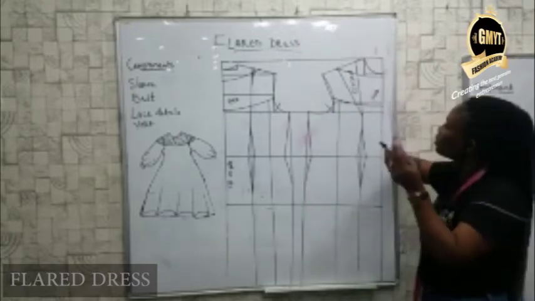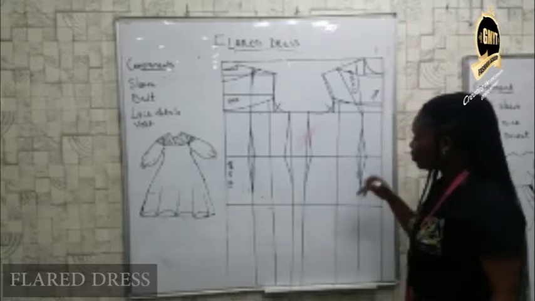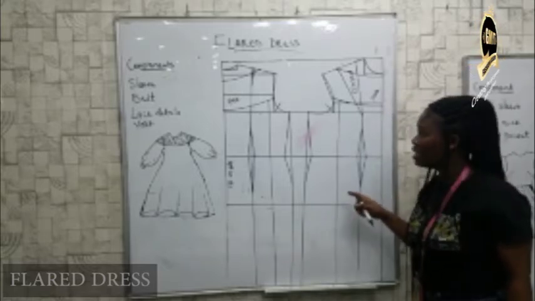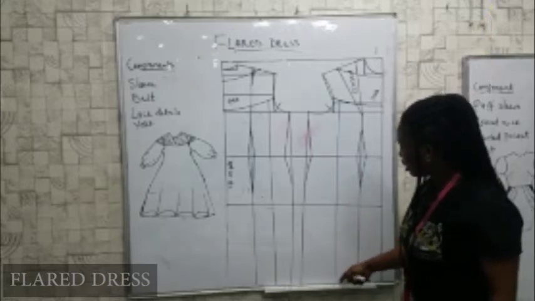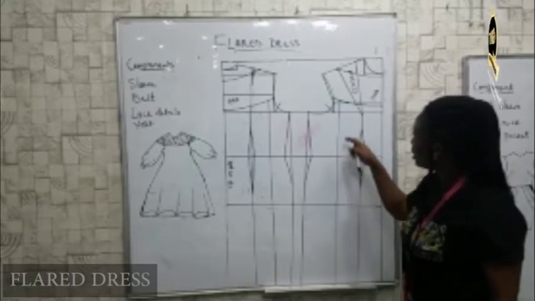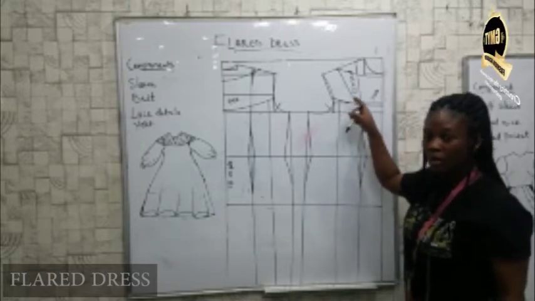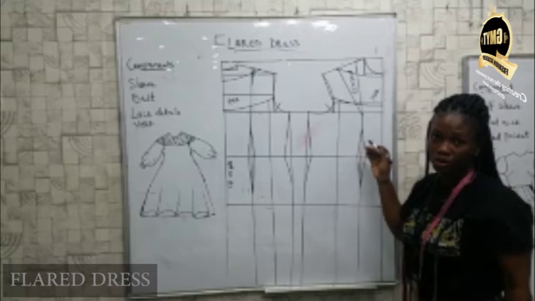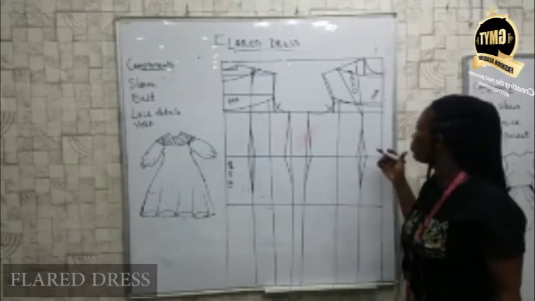Like that. So now that you are done with the neck and we have done our slash lines, you are going to cut through from the hem of the dress up to this yoke point. And remember, I'm going to do an illustration for you on a pattern paper so that you understand it better.